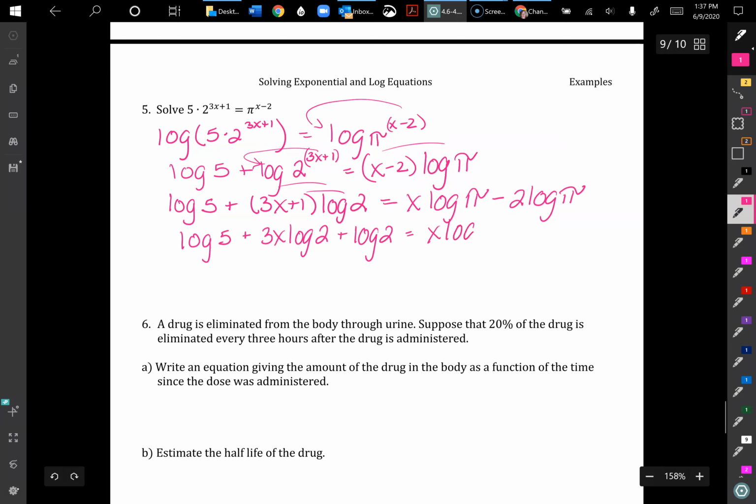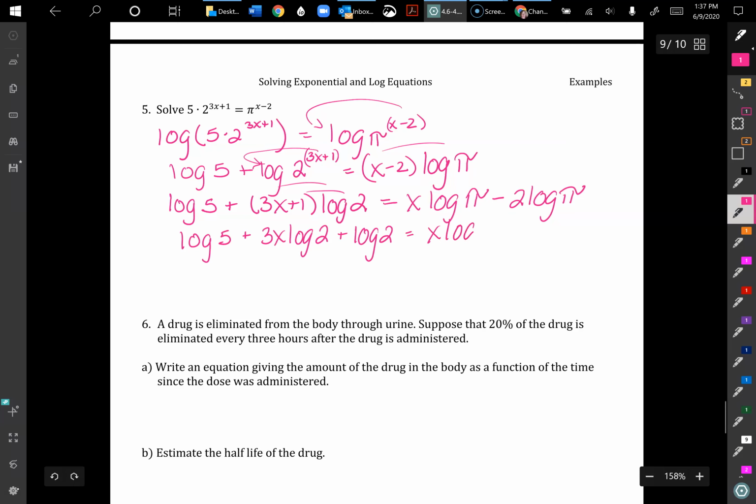And then I have 20% goes out every 3 hours. So that would be 100% minus 20% would leave me with 0.8. So you got to kind of think back to how we set these up at the beginning. And then if it's happening every 3 hours, I'm going to be dividing my time by 3 for the exponent. So that's my answer for part A, my function.